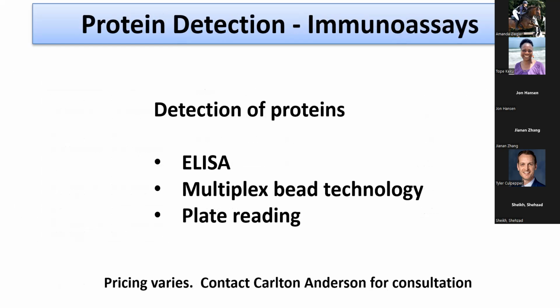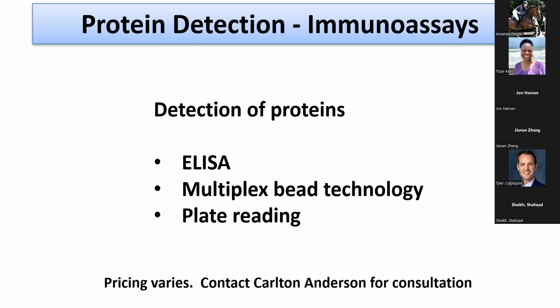The next thing we're going to move on to is protein detection. I'm not going to spend a lot of time on this. It's a service that has some more conventional assays like ELISA and multiplex Luminex technology, for instance, to detect cytokines in blood or in the supernatant from your cells, and also plate reading technology.